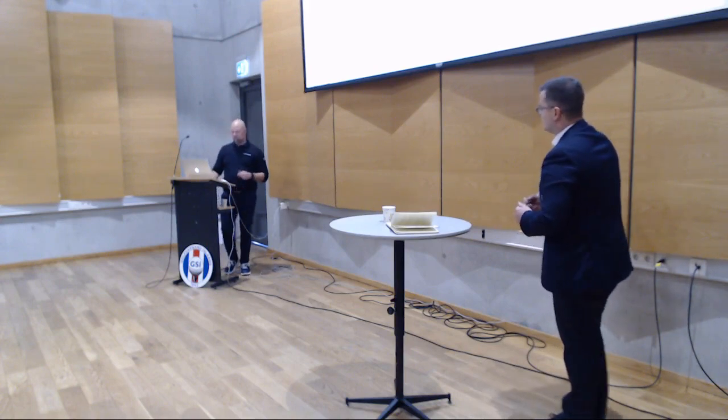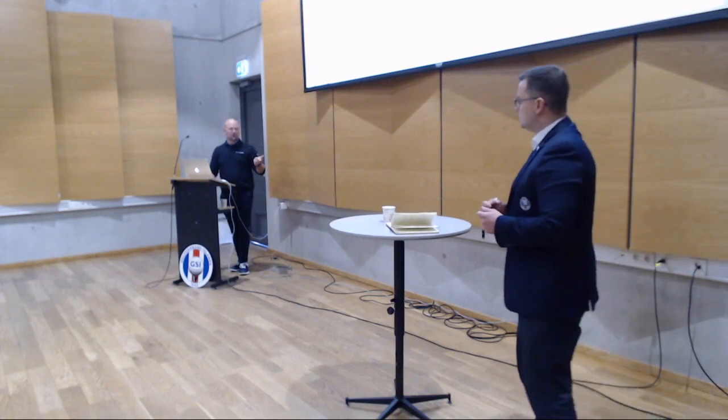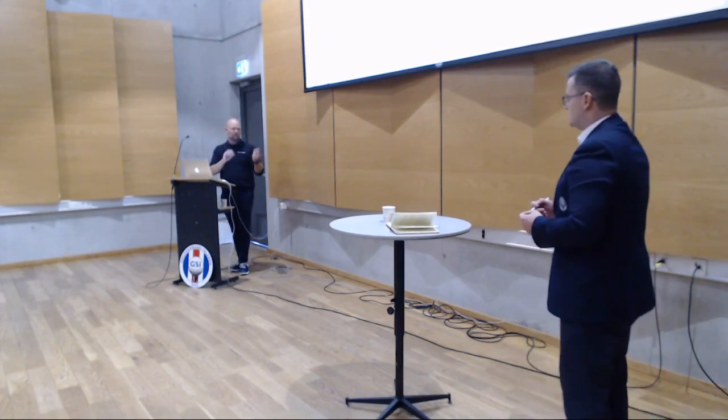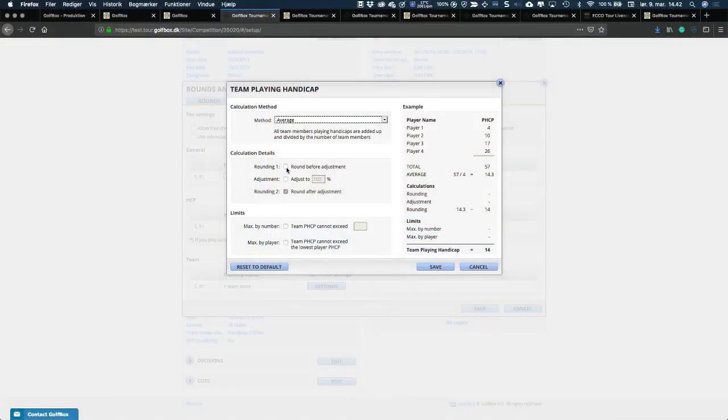Yes, so there are different options. The normal is to add the handicaps and divide by the number of players. But then you can go in and do some other adjustments. So you can adjust it to some percentage, and there's always an explanation over here.